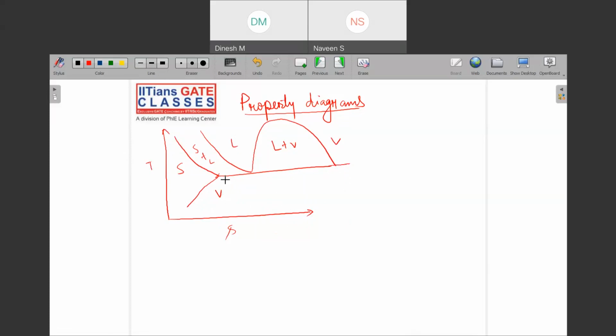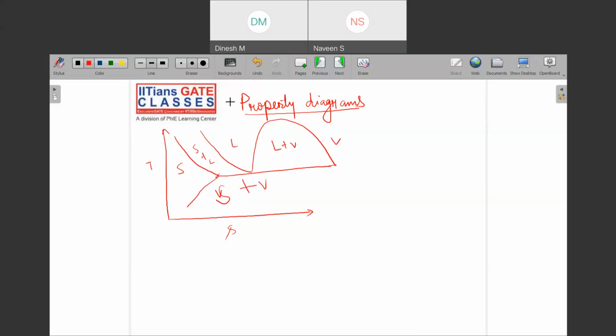This is your region where we will be having solid plus vapor. This is solid, and beyond this region we will be having vapor. This point onwards you will be having vapor, right?